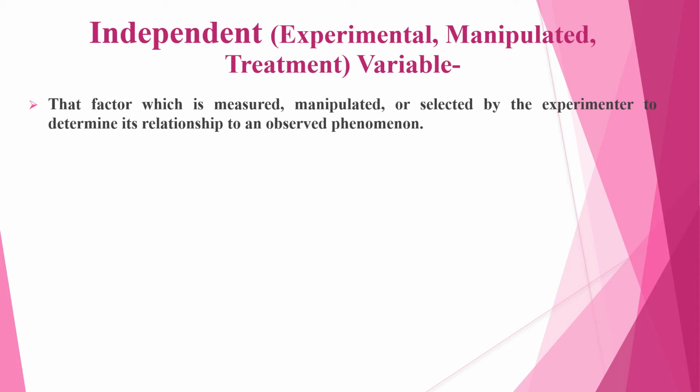The factor which is measured, manipulated, or selected by the experimenter to determine its relationship to an observed phenomenon is known as the independent variable. What the researcher or experimenter does with this type of variable is change it, manipulate it, and use this manipulated variable to observe what kind of effect it is causing on some other factors or phenomena.